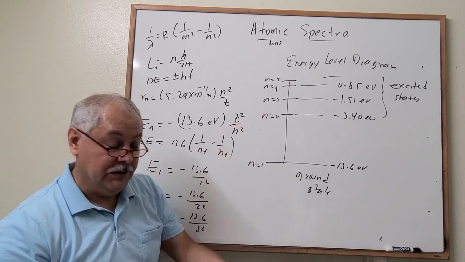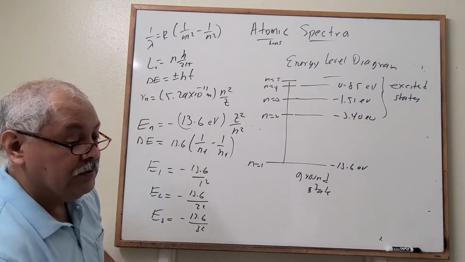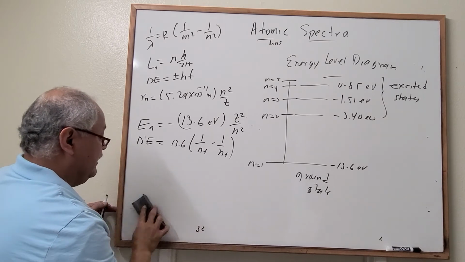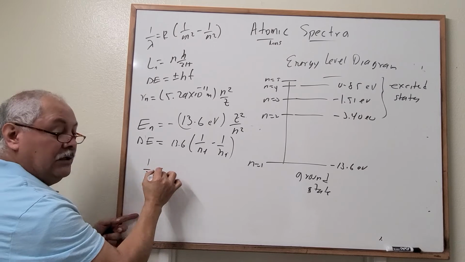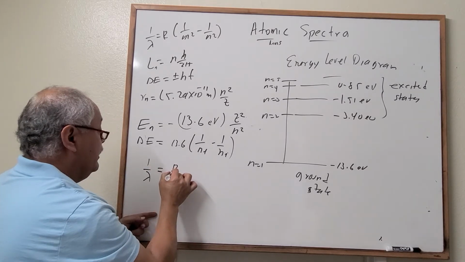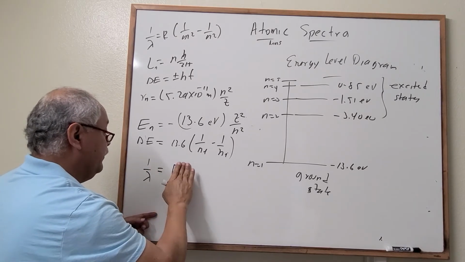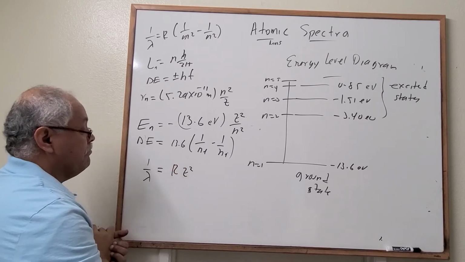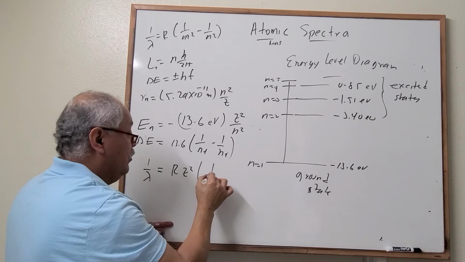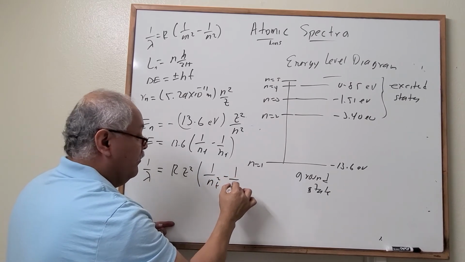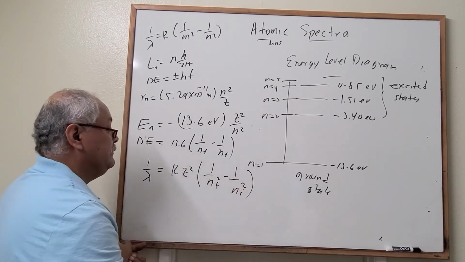So hydrogen. Also the wavelengths. How can we find the wavelengths? Well, 1 over lambda equals Z squared times 1 over n final squared minus 1 over n initial squared.